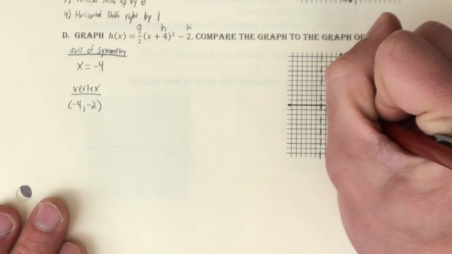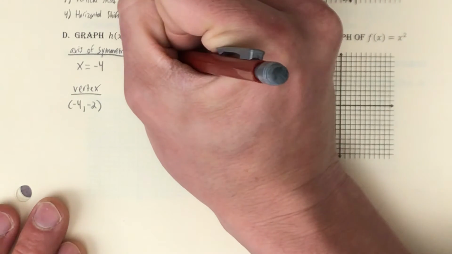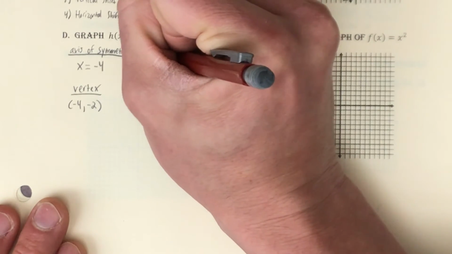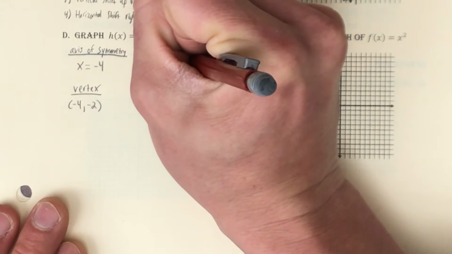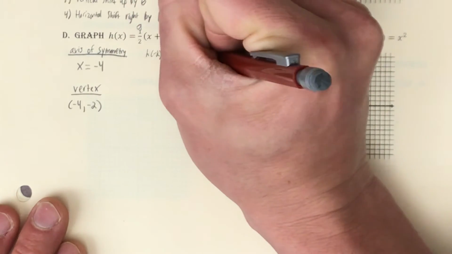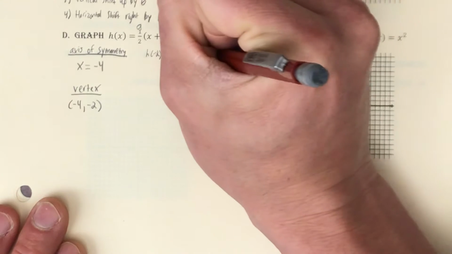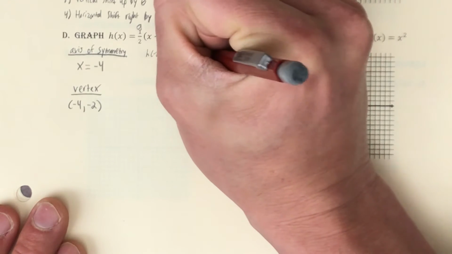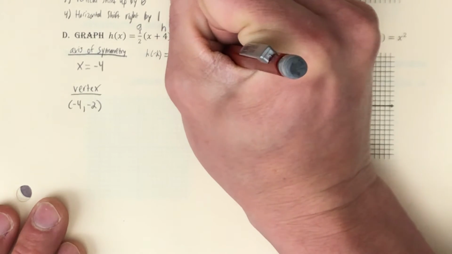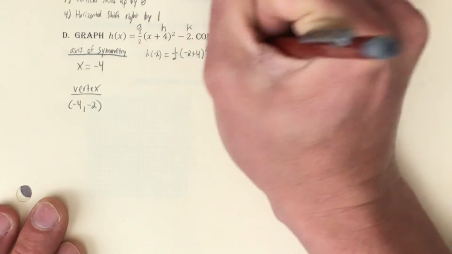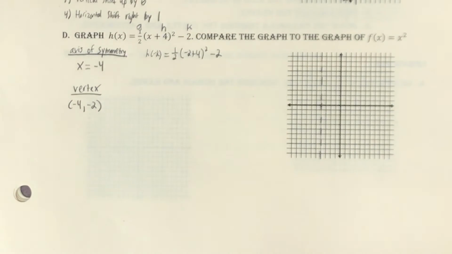So I'm going to choose the point -2 here. So I've got h of -2 equals 1/2 times -2 plus 4 all squared minus 2. So from there, that should help me end up with a nice even number.